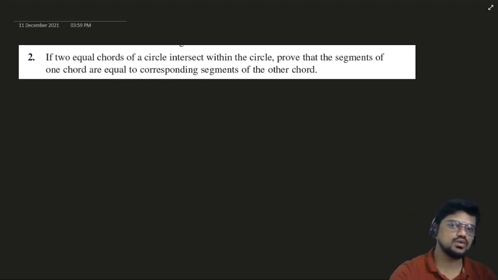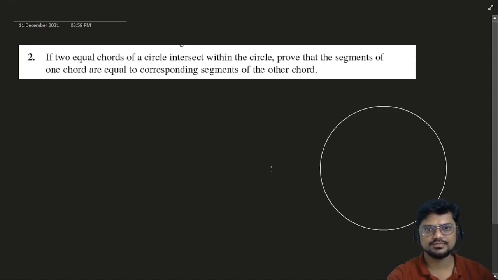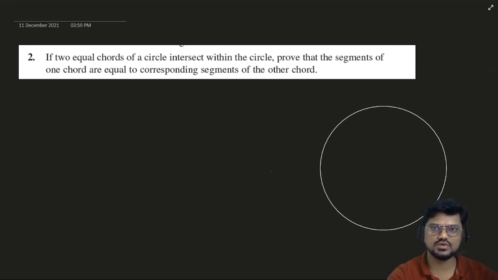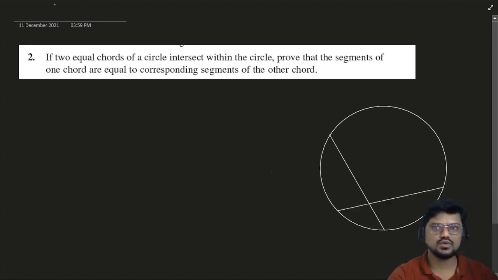Now what they have given: if two equal chords of a circle intersect within the circle, prove that the segments of one chord are equal to the corresponding segments of the other chord. That means if you take the circle like this, and over here let's draw two equal chords. The lengths of both the chords are equal, and consider this as the center of the circle.